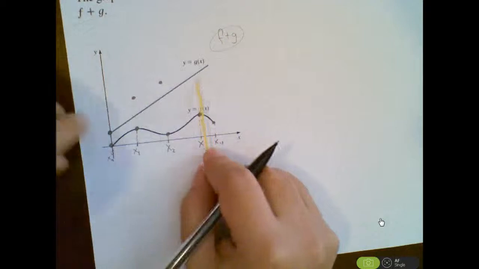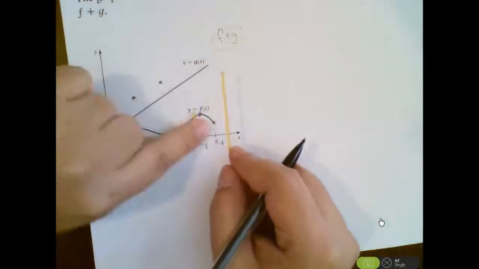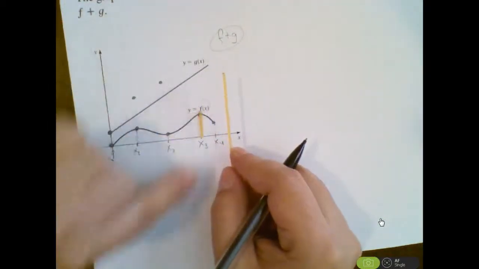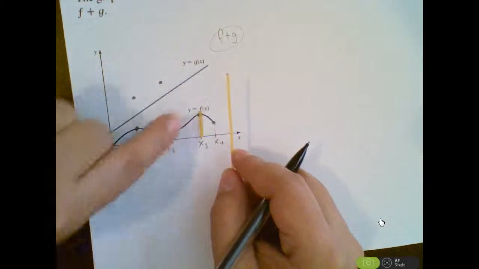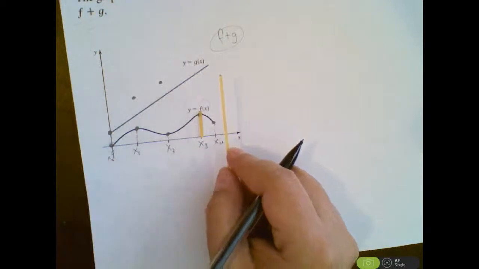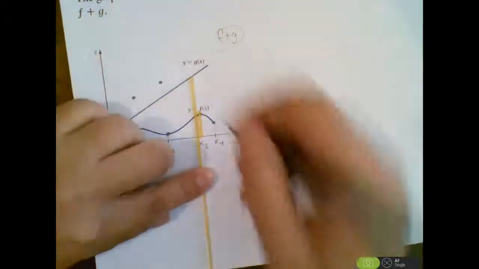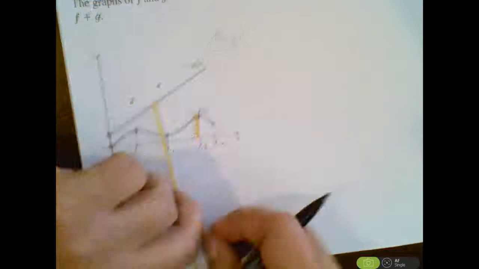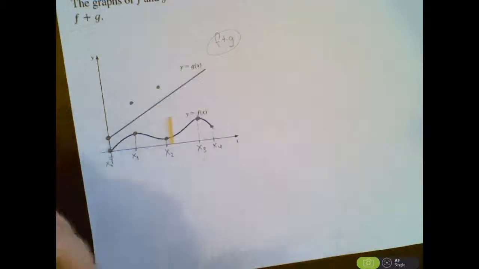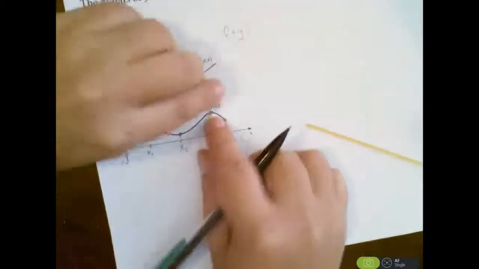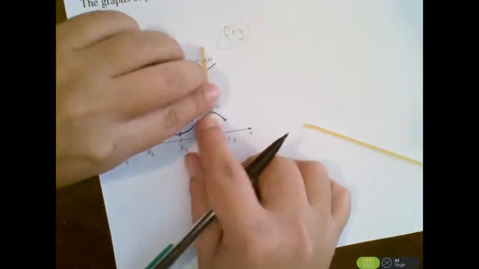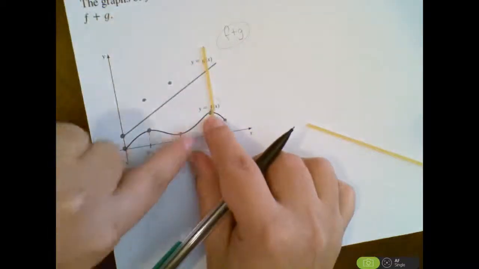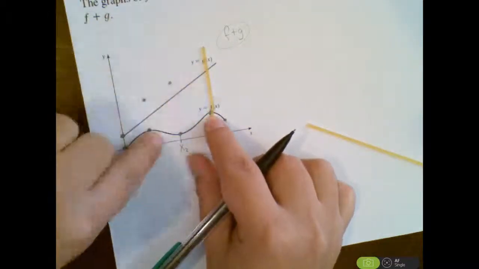And then, oh, look at that, I can reuse that piece, kind of. For x sub 3, this is how tall f is, and this is how tall g is for x sub 3. And then when I put them one after the other, that's the way to say I'm adding f plus g of x sub 3, and it's up here.